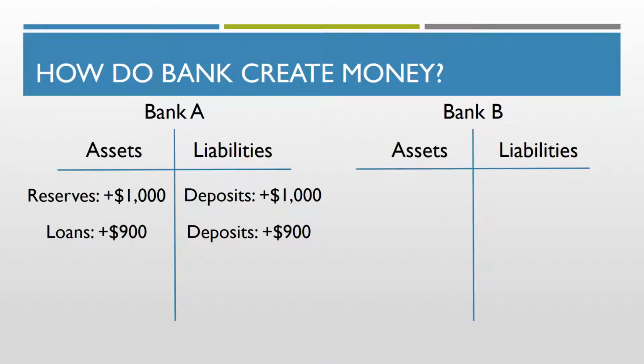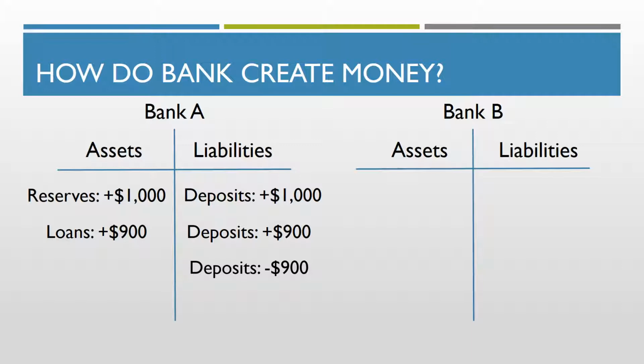So let's say this person takes out a loan and puts it into his account so that he can use this $900 to purchase the car. Once the person makes the purchase of the car, this deposit will go away. The money will be received by the salesman at the car dealer.